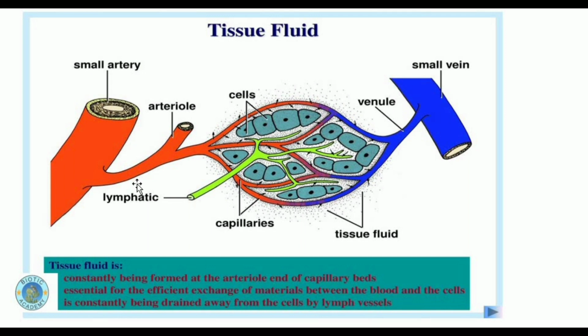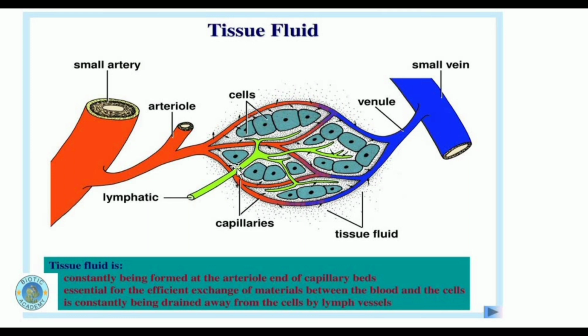Here you can see that the small artery near the tissues branches into arterioles, and then these arterioles further branch into small capillaries, so that they can go into the narrow passages of the tissues.